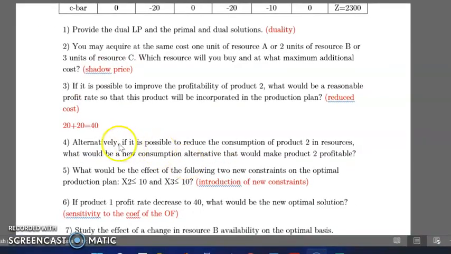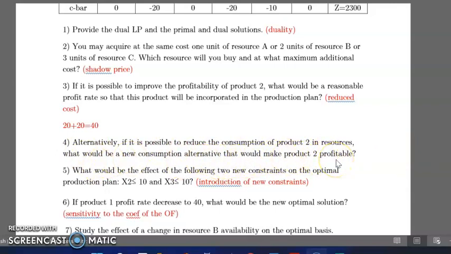Okay, so now question 4, it says, if it is possible to reduce the consumption of product 2 in resources, what would be a new consumption alternative that would make product 2 profitable?